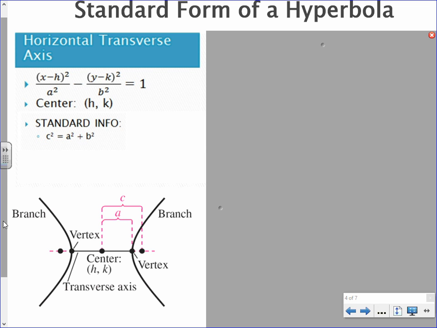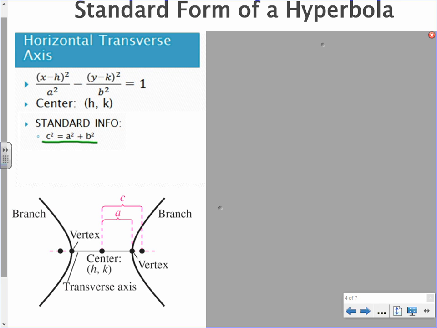That is how you're going to tell the difference between an ellipse and a hyperbola. Our center is the same. One thing that is different is c. C squared is a squared plus b squared for a hyperbola. Okay, so that is different.